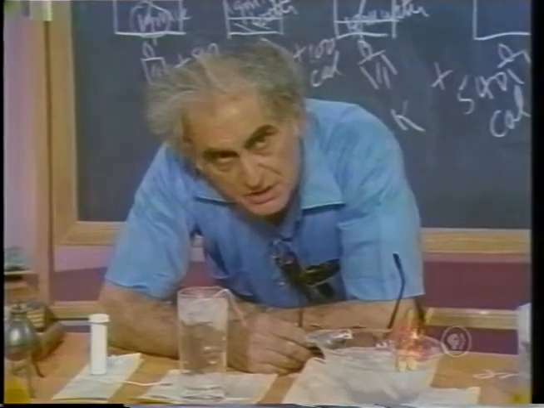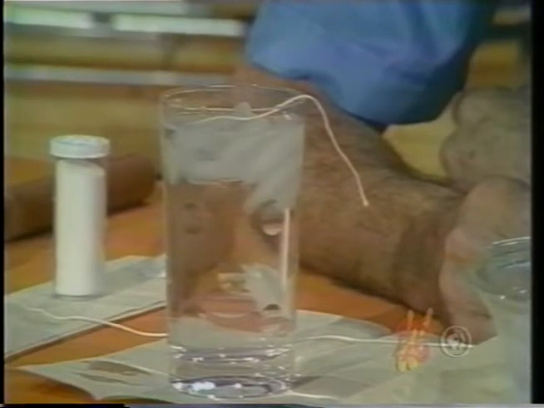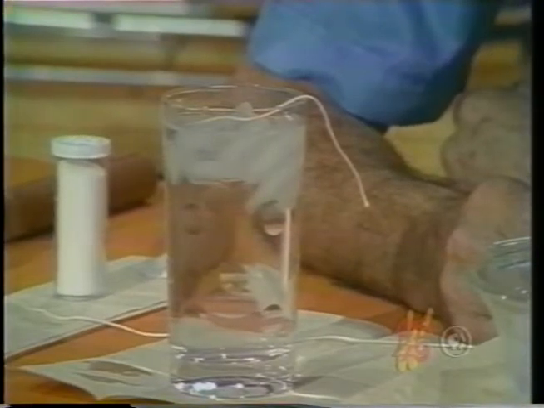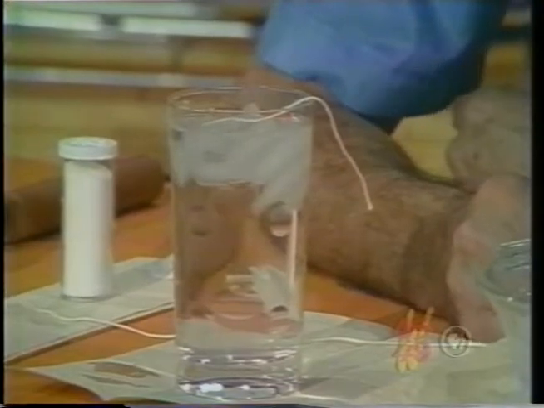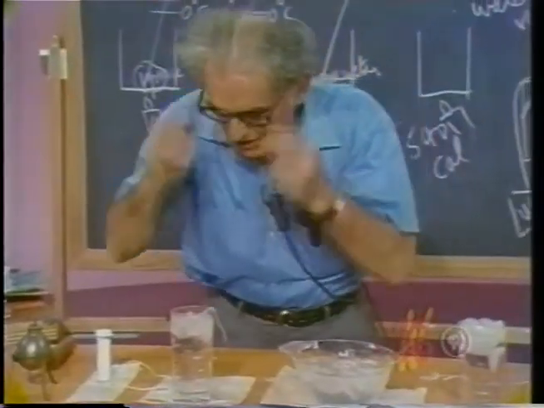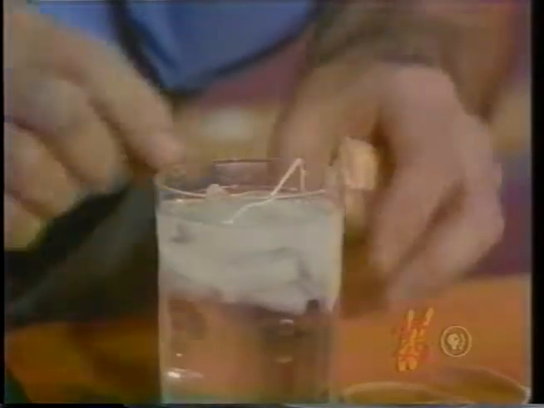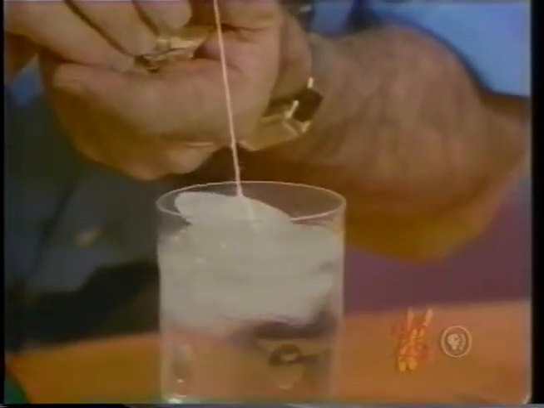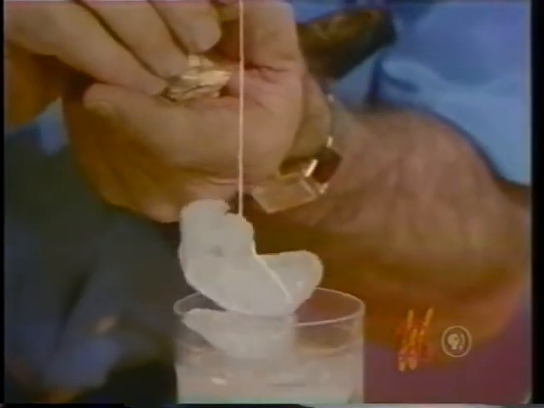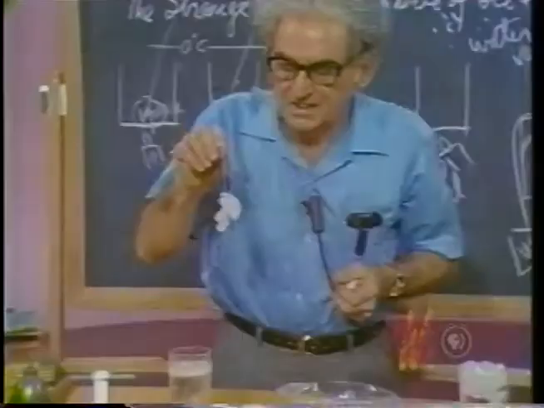The salt has depressed the freezing point so that some of the ice is melting. That ice which melts, that is the water from it, now refreezes. And if you will give it your strict attention, I think you will see that the string is fixed to the ice. Watch it. There it is.